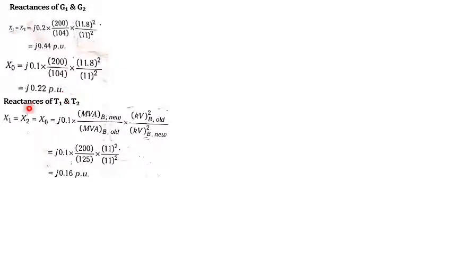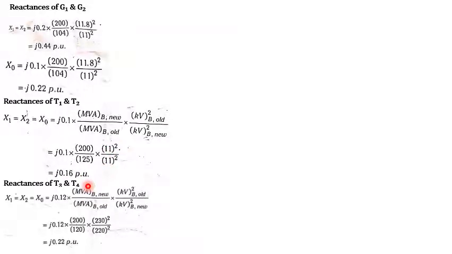And coming to the transformers T1 and T2, x1 is equal to x2 is equal to x0, because it is given as 0.1. The new MVA base is 200 and the old MVA base is 125. Consider the transformers T1 and T2; you can consider either the low voltage side or the high voltage side.